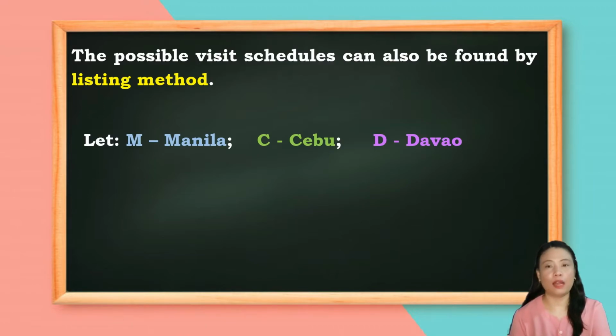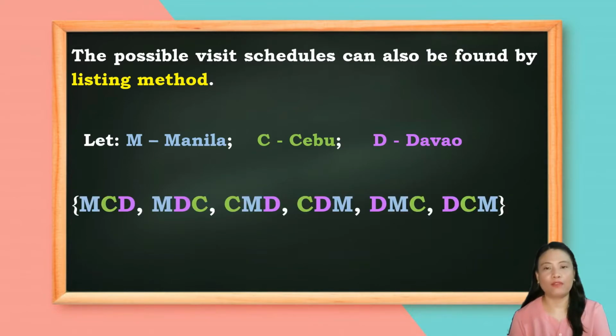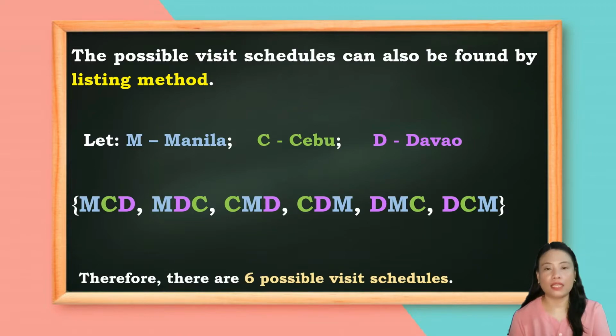Listing the possible outcomes, we will have MCD, MDC, CMD, CDM, DMC, and DCM. Counting the list, we will have 6 possible visit schedules.